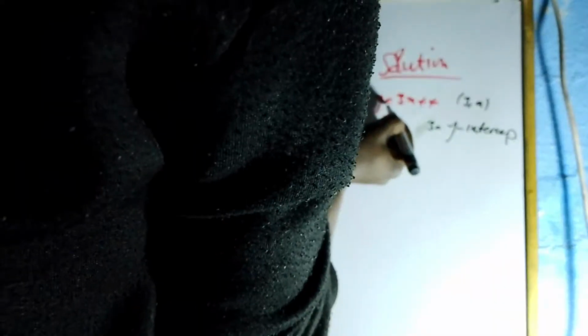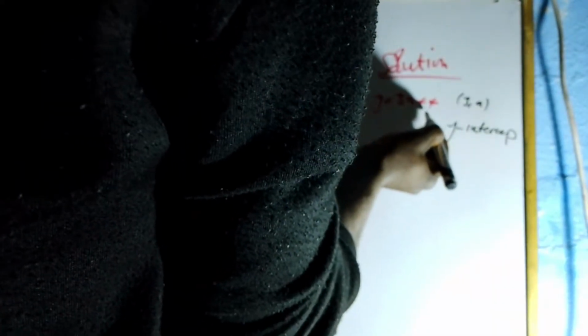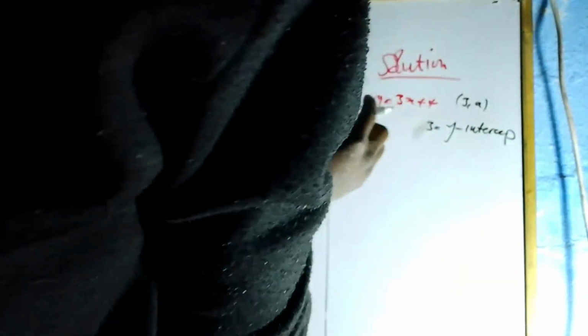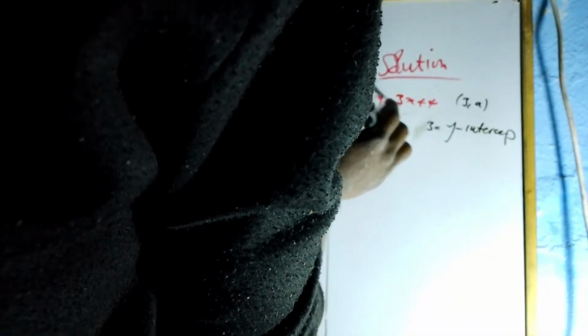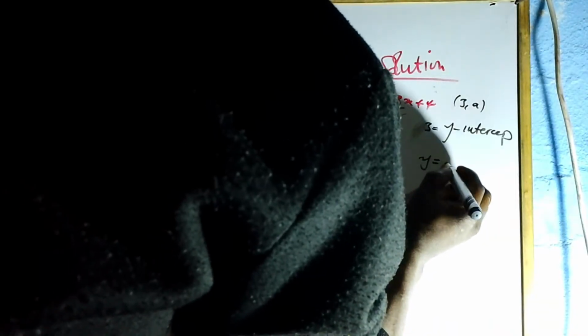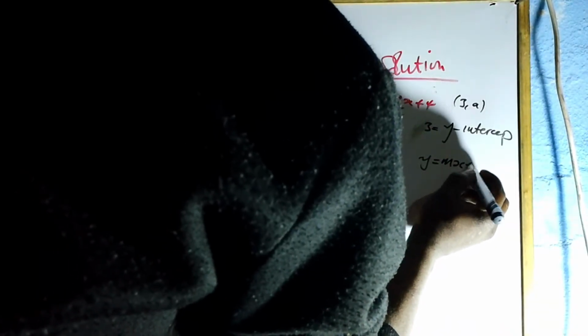So first of all, to find the value of A, you must find the gradient from this given equation, which is a line. The gradient of this equation is this 3, from the formula y equals mx plus c.